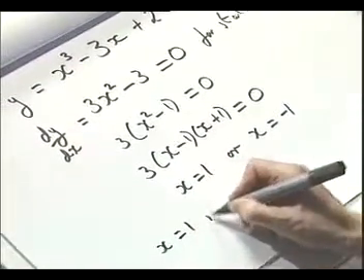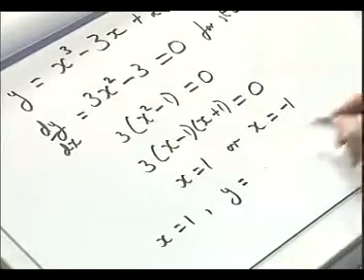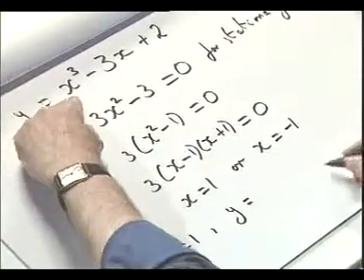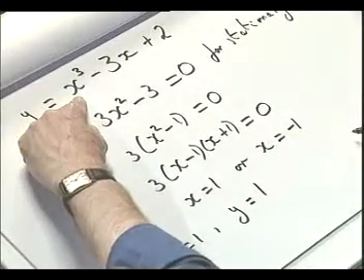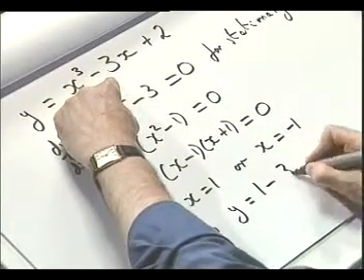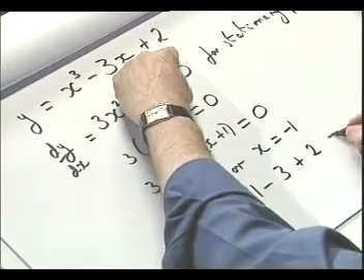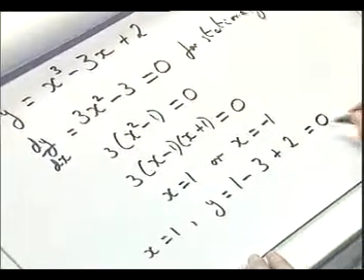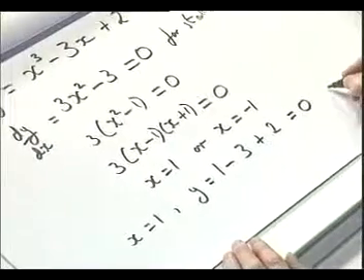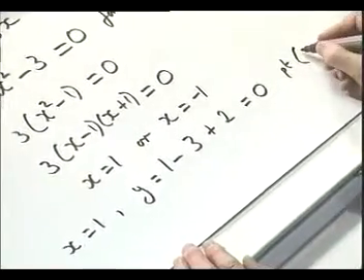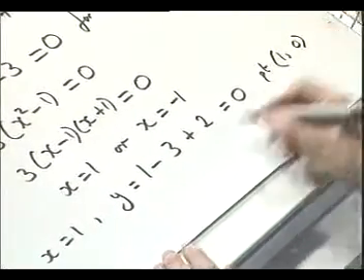x equals 1, y equals, and we'll substitute it in on the very first line. So that's 1 cubed is just 1, minus 3 times 1 is minus 3, plus 2. So altogether that gives us 0. And so our stationary point is 1, 0.